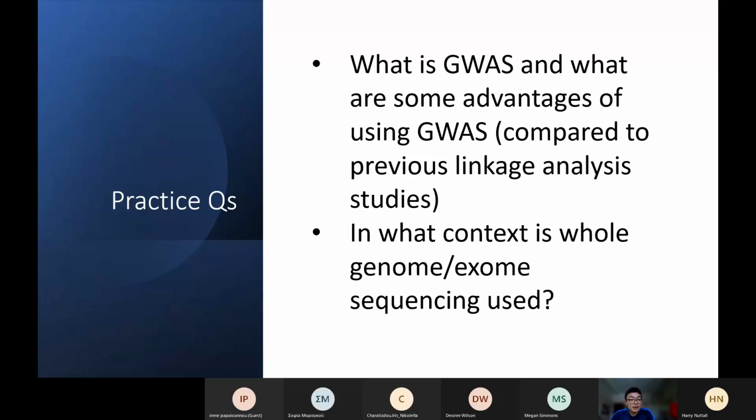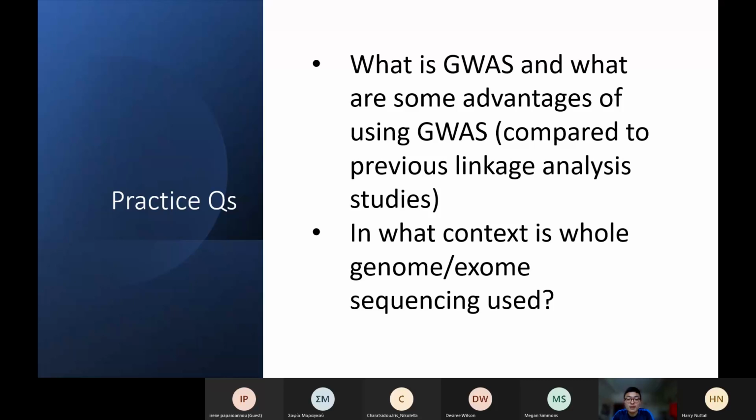Another term you might have heard is whole genome or whole exome sequencing, and we often use this in linkage analysis to differentiate between candidate genes and actually identify a given candidate gene.